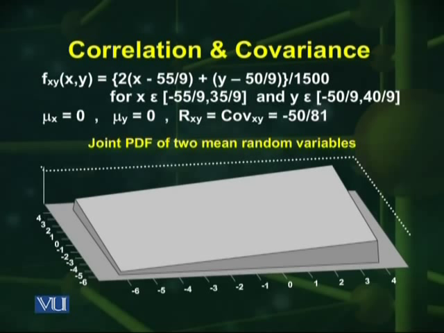In the first case, the PDF was defined for x values from 0 to 10 and y values from 0 to 10. Then we shifted the PDF away from the origin into the first quadrant, and then x varied from 2 to 12 and y varied from 3 to 13.